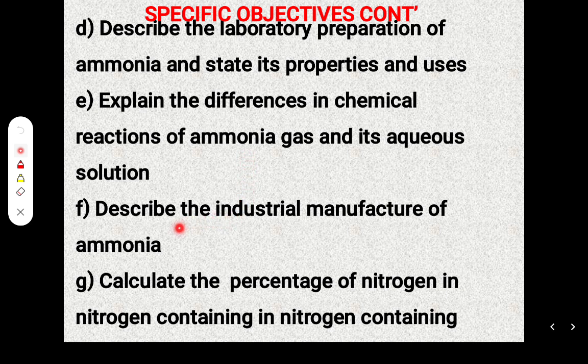You'll be required to describe the industrial manufacture of ammonia by a process known as the Haber process. So in other words, we are going to look at the Haber process in this objective. And then you should be able to calculate the percentage of nitrogen contained in nitrogen-containing compounds, such as a fertilizer, for example.